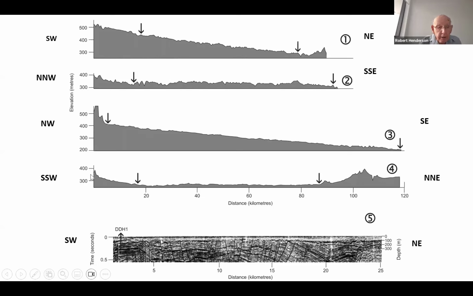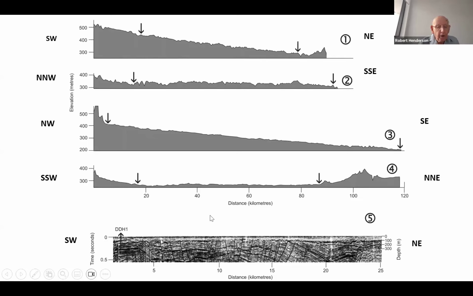And here's one that is sort of running across the flat of the Campaspe, and you can see it's a flat planar surface rising on both sides in this profile to bedrock.